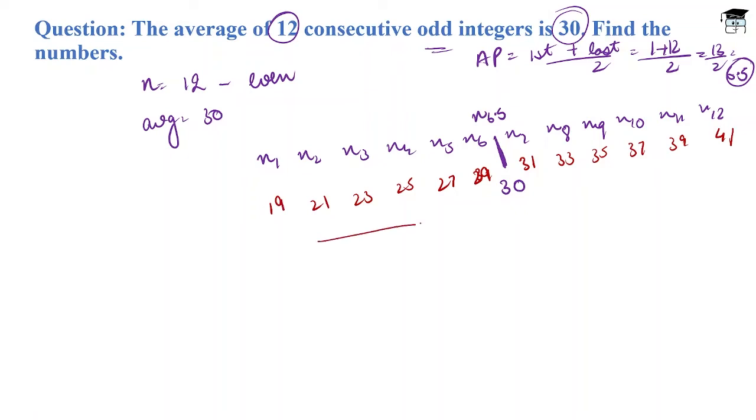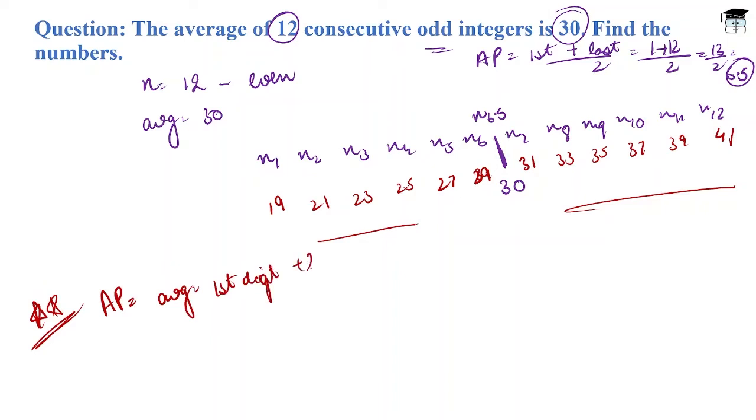Easy to solve this. We got all the digits here. Alright, we just have to find the numbers. Easy to calculate. What is the funda here, or what is important to learn here? It is important that when the digits are in AP, the average is equal to first digit plus last divided by 2.